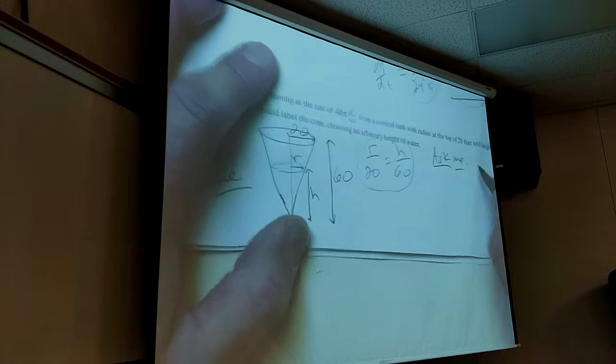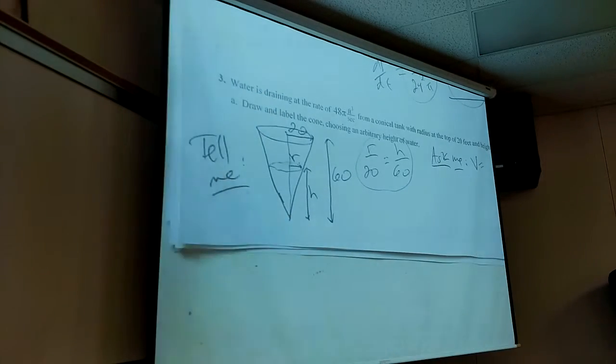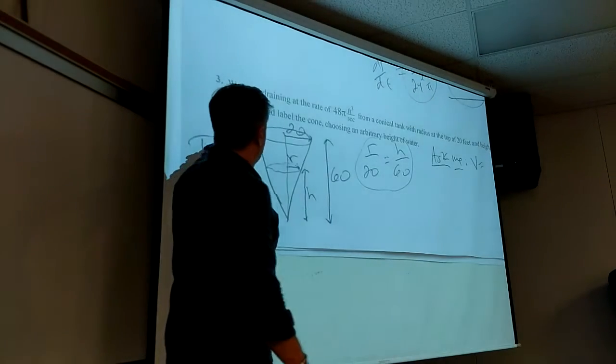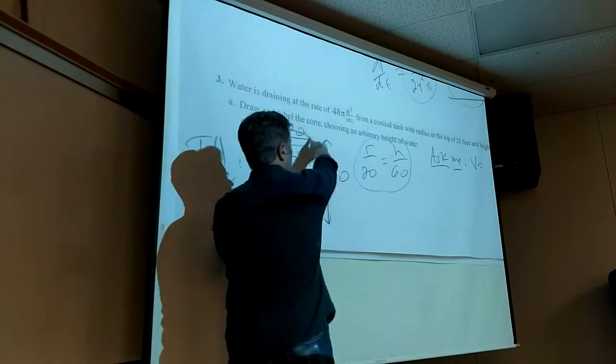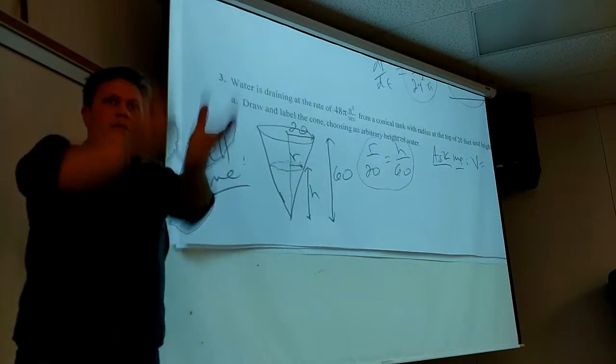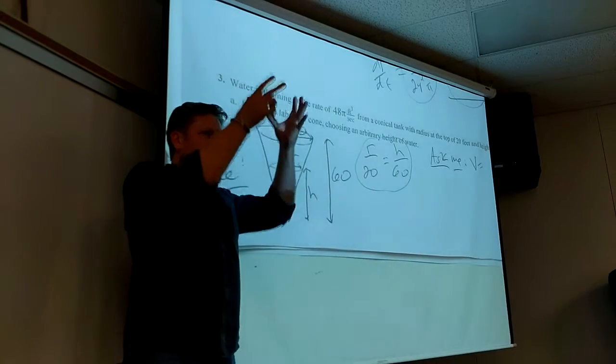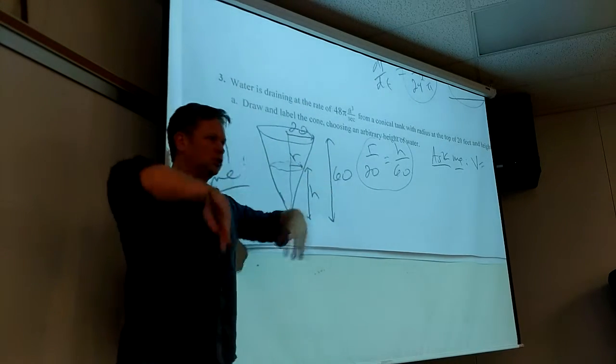Now you can set up the volume. What's the formula for the volume? Do you know what the formula for the volume of a cone is? This is so awesome. A cone is cut out of a cylinder. You chop it out of a cylinder, the cone ends up being 1/3, and you leave behind 2/3.